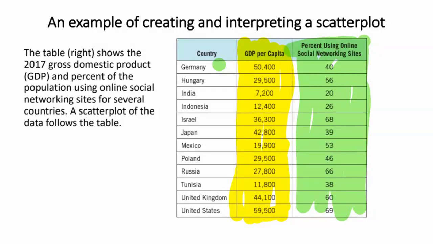And just to give you a heads up, this column right here, the GDP, is going to represent my X. The green is going to be my Y or vertical. I'm going to come back to this table a couple of times because the next couple of slides are going to deal with this table.